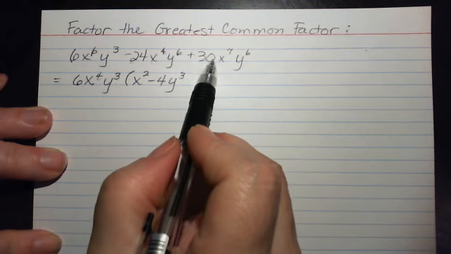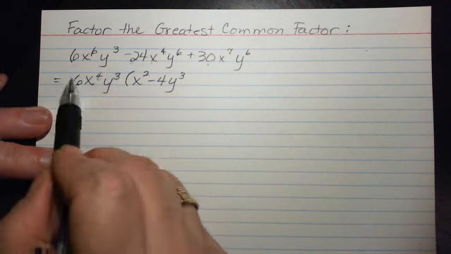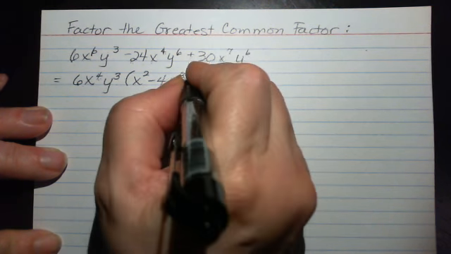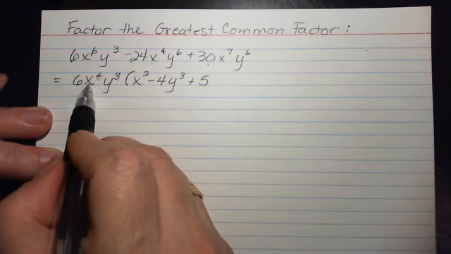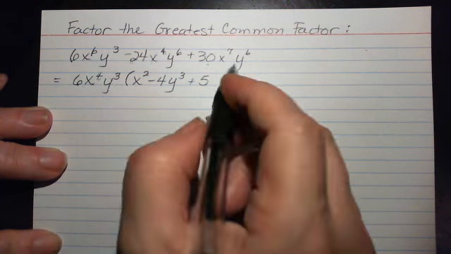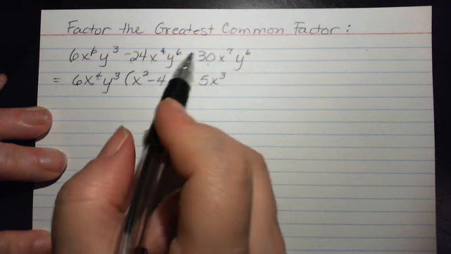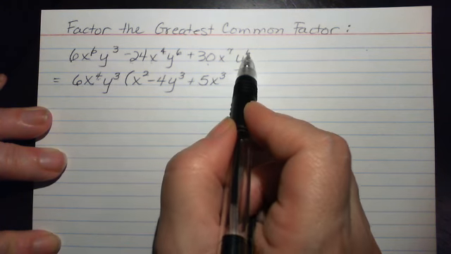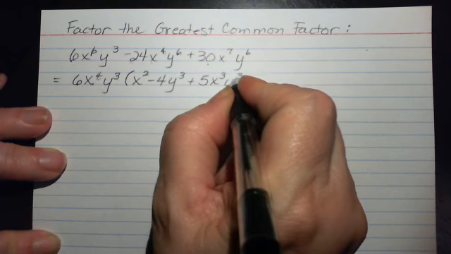For the third term, when we factor 6 out of 30, that leaves us positive 5. When we factor x to the 4th from x to the 7th, we can subtract those exponents for x to the 3rd, or cubed. When we factor y cubed from y to the 6th, we can subtract those exponents, and that leaves y cubed.